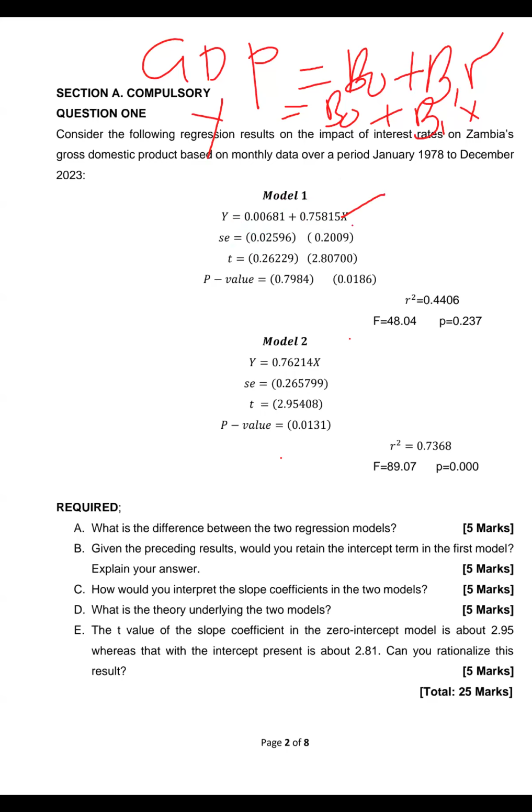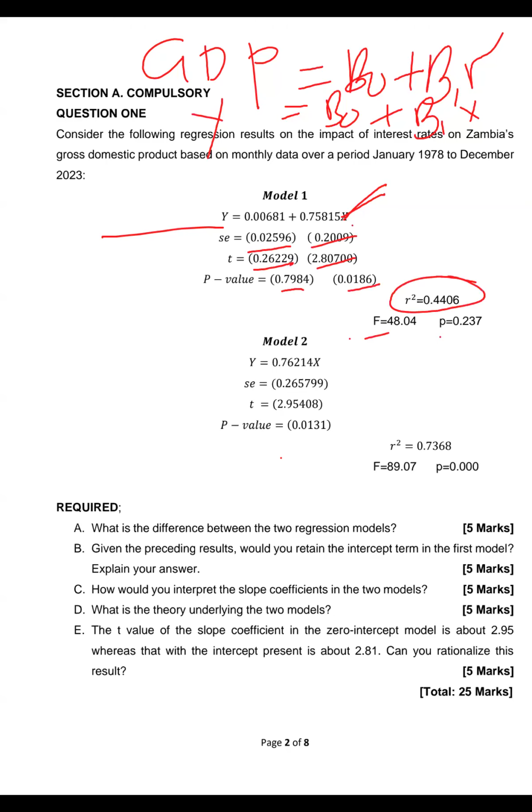So interest rates are represented by X. They're the ones influencing what? Y, this side. The standard error is given for both, the T statistics for both, and the P values for both. And also there is the F for the entire model and the R squared.